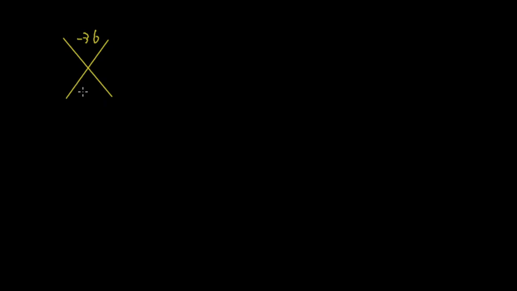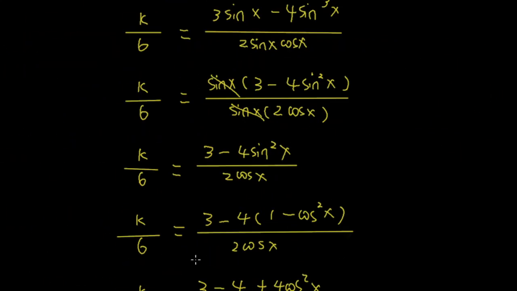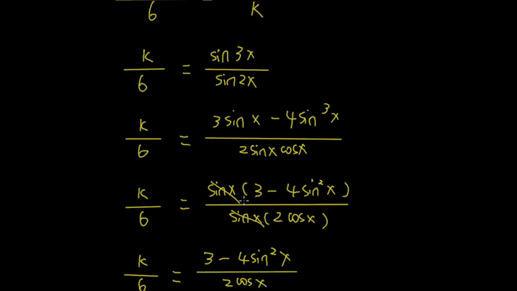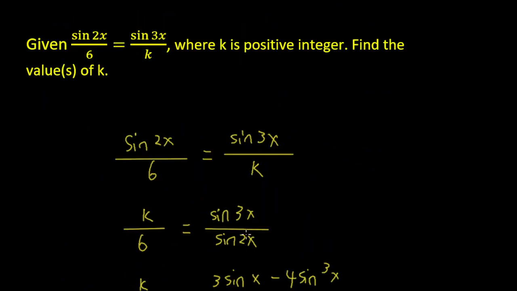The bottom will be negative k. First pair, 1 and negative 36. So what we have to do is take these two numbers and divide by the leading coefficient, which is 12. Negative 36 divided by 12. We need to remember this. The leading coefficient is 12 here, because we already factored the 2 out.